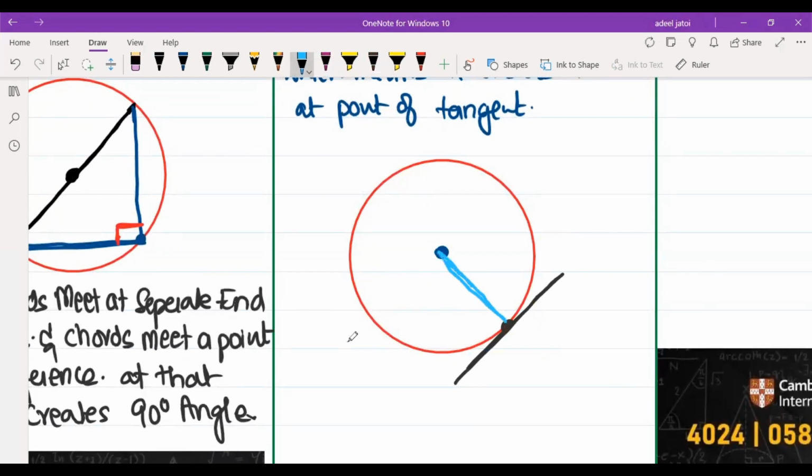So when this tangent is meeting the radius at this point, this will create a 90 degree angle. Remember, the 90 degree angle will be on both sides because a straight line creates 180 degrees. So if it is 90 degrees on the right hand side, it will be 90 degrees on the left hand side as well.